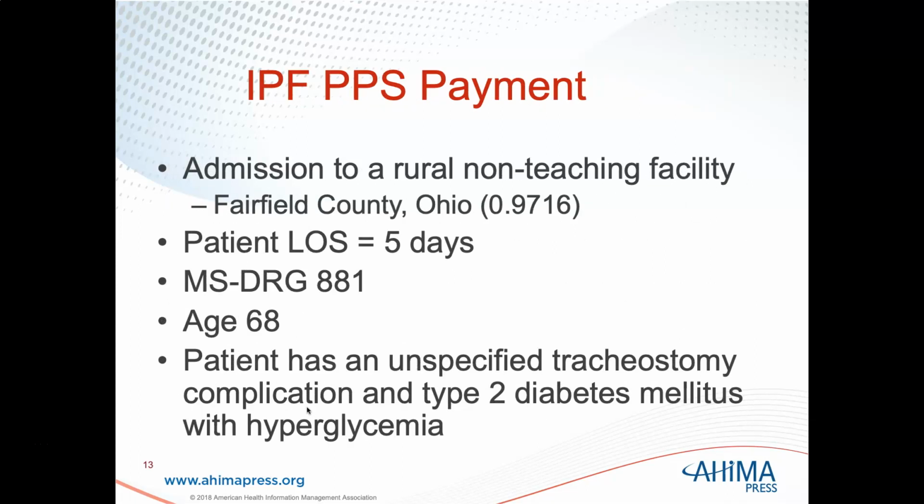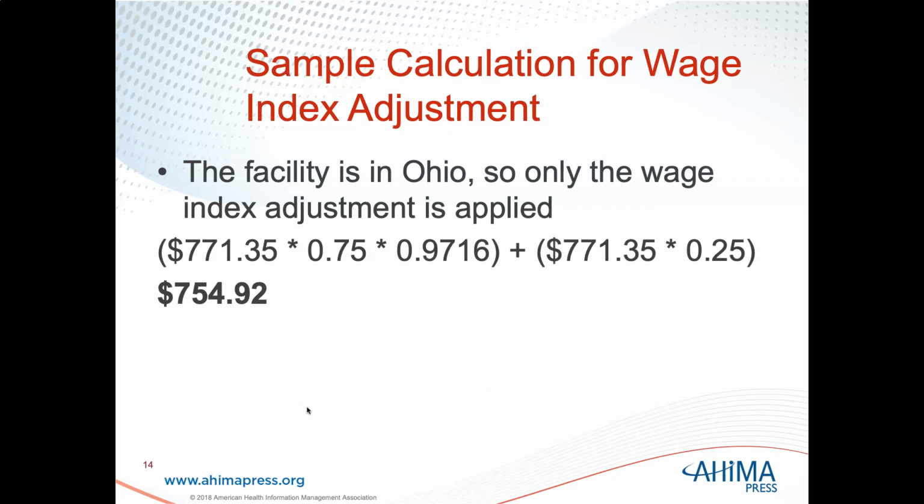All right, so now we're talking about payment. How is it all going to be paid? Let's take a look at this. Here is the calculation for the wage index adjustment. Because remember, Ohio and the Midwest, the rest of the Midwest, we are not considered one of those high, wild cost of living places.